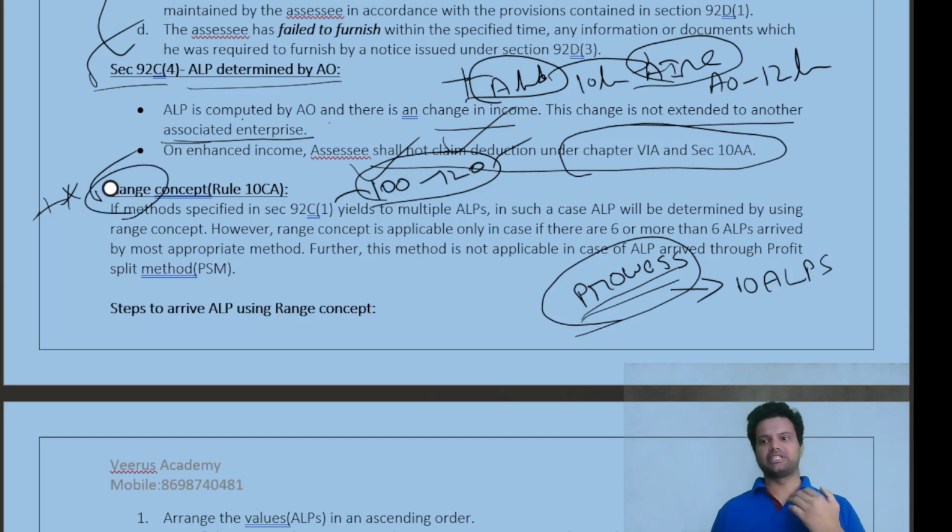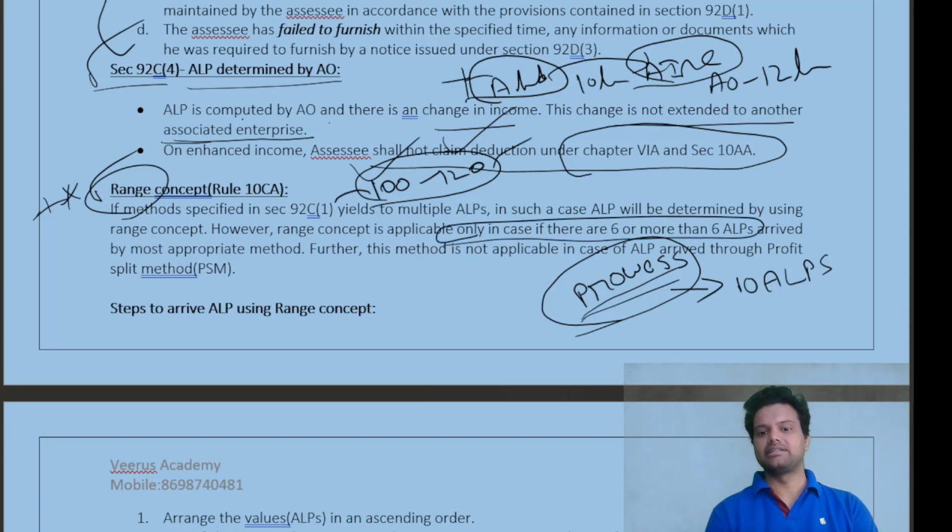Why was this concept of range introduced? The law, Rule 10CA, says that this range is applicable only if you have 6 or more ALPs. For example, if you get 5 ALPs, then range is not applicable. In case of 6 or above, only then will this concept of range be applicable.